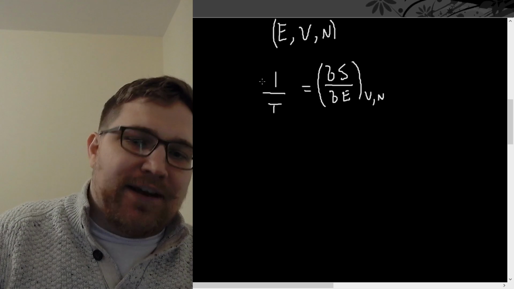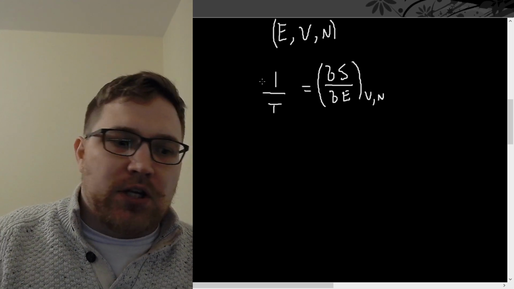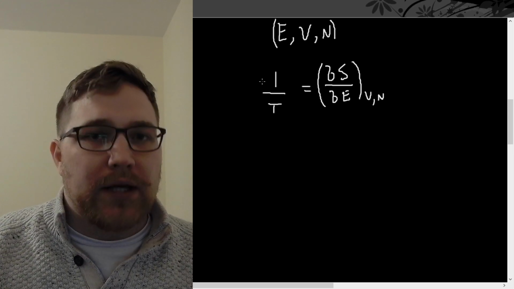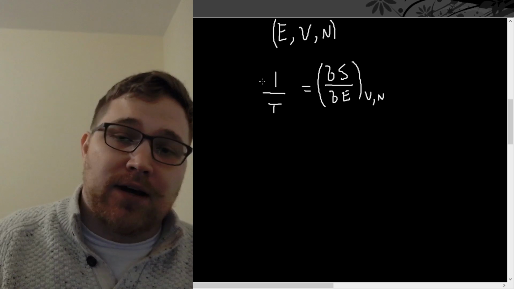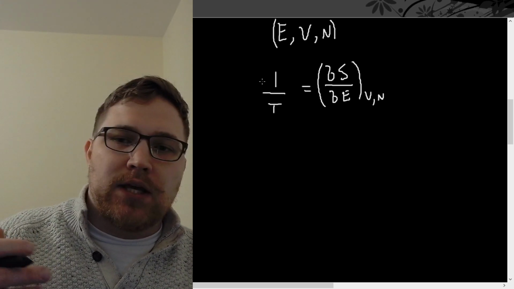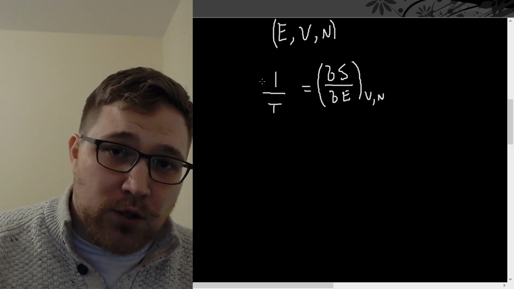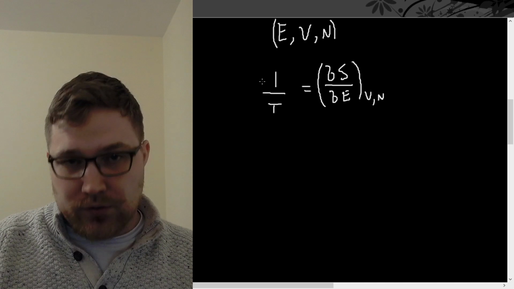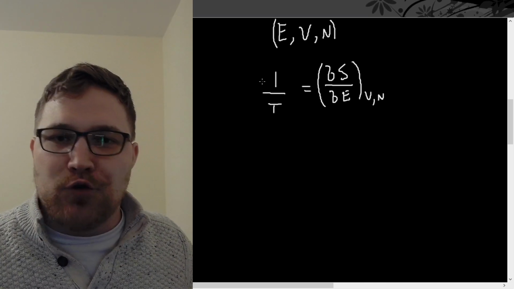This is the definition that we will take of temperature, and in the videos following this one, we will talk about why we use this specific definition and why it's useful. In particular, what we'll show in a future video is that two bodies that are in thermal equilibrium will have identical temperatures. But this is for next video. Right now, we have some other things to briefly talk about.